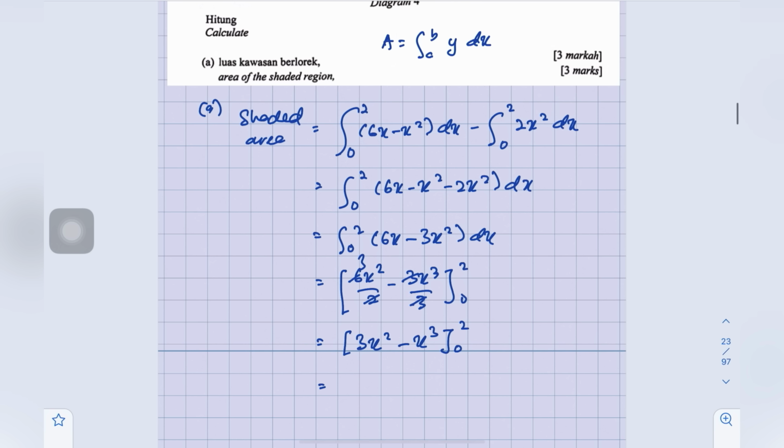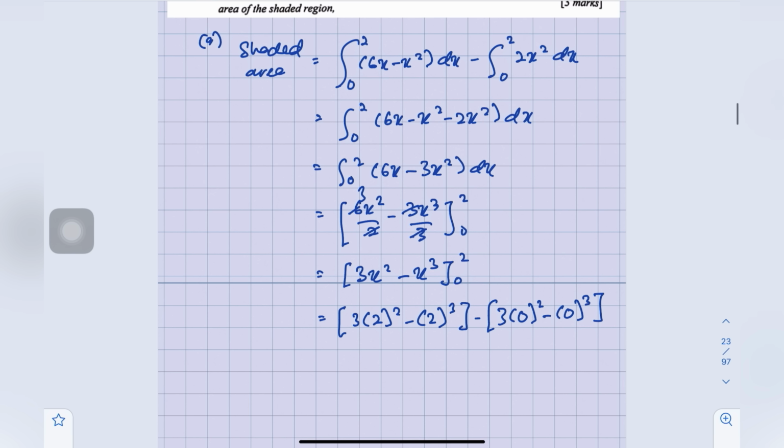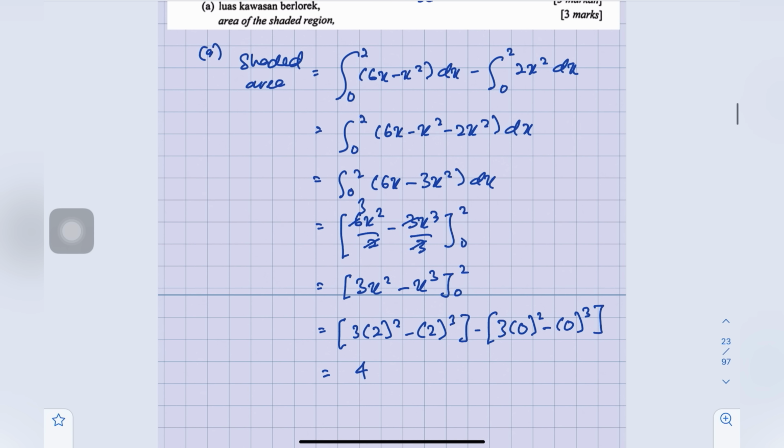Then we substitute. The upper limit: 3 times 2 squared minus 2 cubed. The 0 must also be shown; not showing it is wrong: 0 squared minus 0 cubed. So this one is 12 minus 8 equals 4 unit squared.